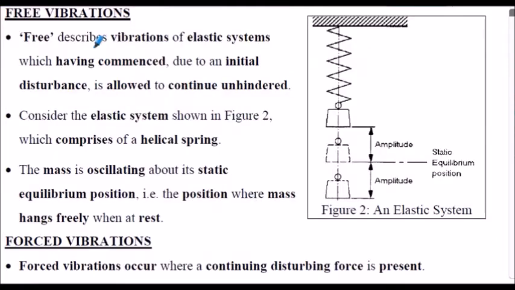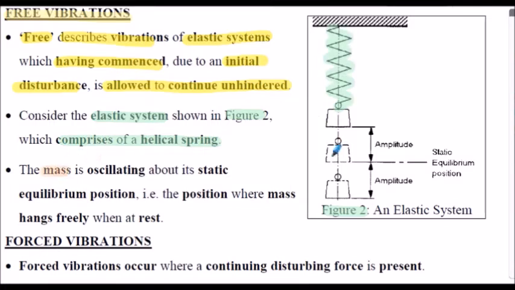Let's define free vibrations. Free describes vibrations of elastic systems which, having commenced due to some initial disturbance, are allowed to continue unhindered. Consider the elastic system shown in figure 2, which comprises a helical spring.